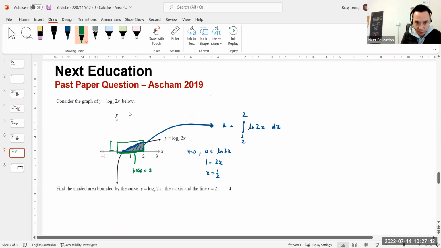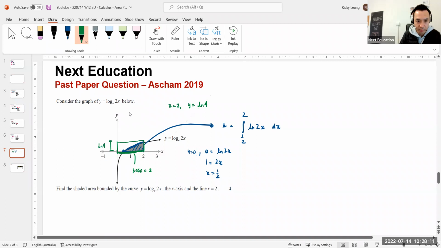So if I sub 2 into the x value here, to find the height when x equals 2, y equals ln 2 times 2, so ln 4. Pretty straightforward. That's ln 4 as the height.